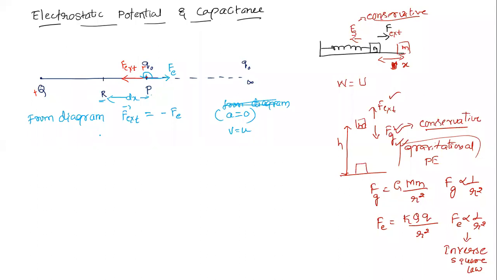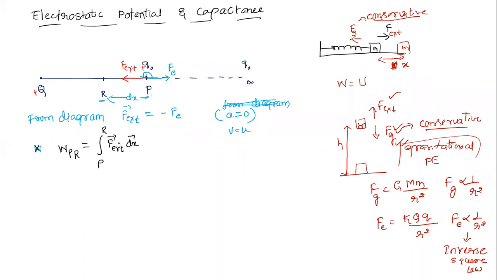Now we're going to find the total amount of work done to move from P to R. It is equal to the integration from P to R of F external multiplied by dx. Is it the correct formula?